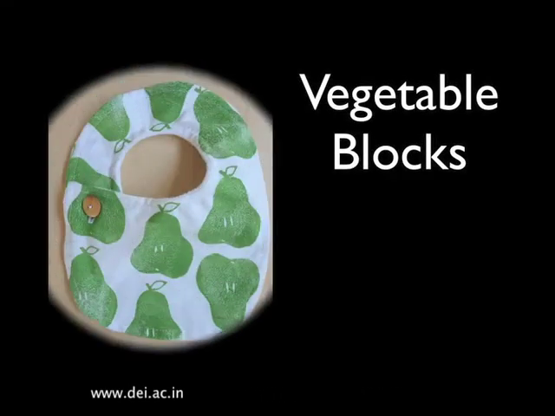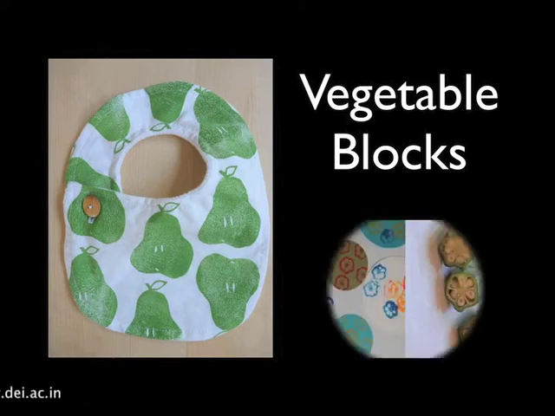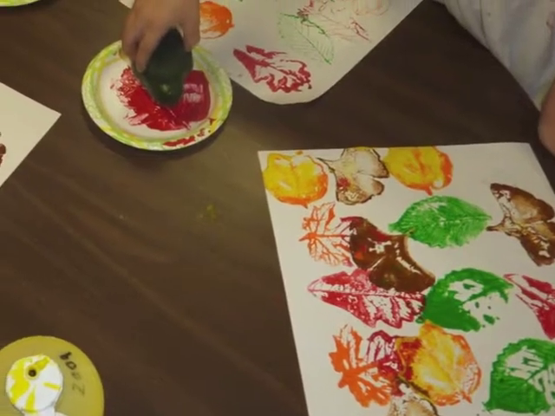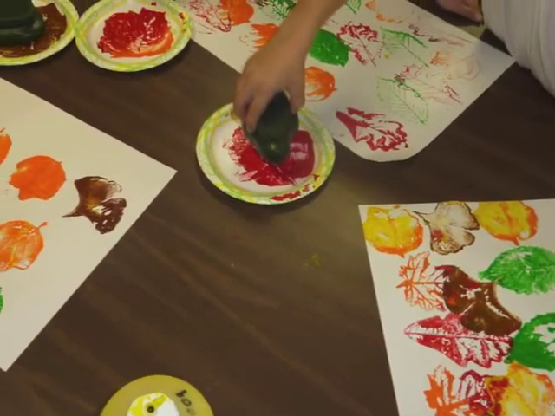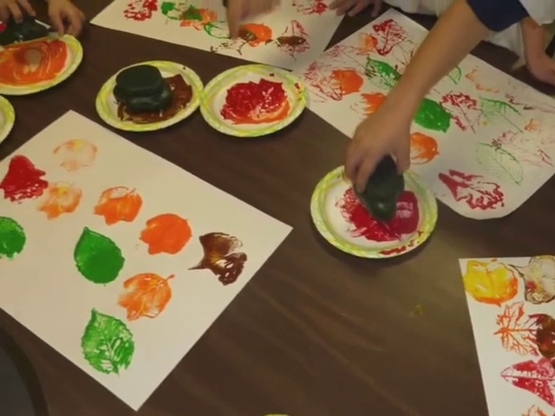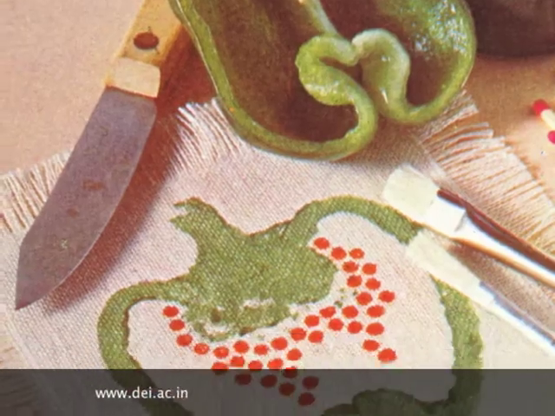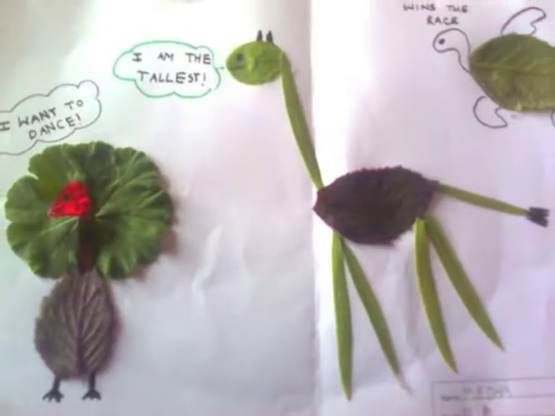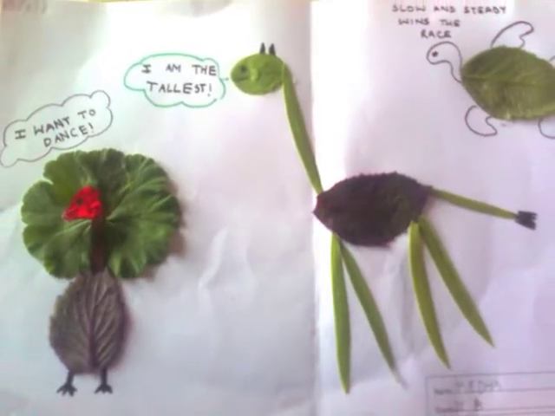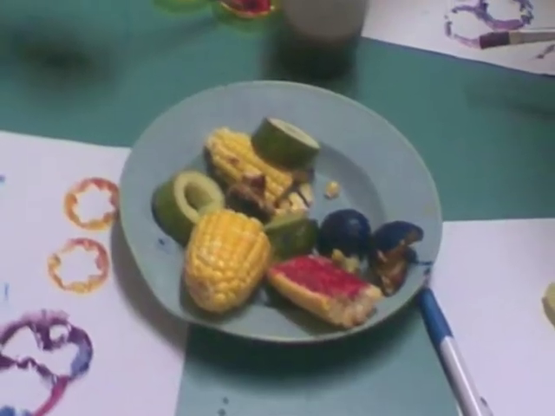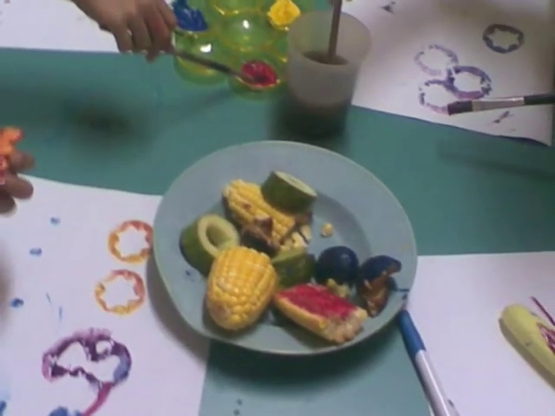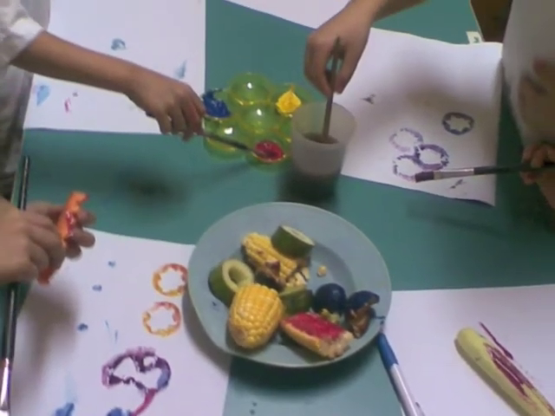Vegetable blocks. A common technique specially used by children to teach them the concept of design, impression, expression, and ideation. In this method, the vegetables are cut according to the design which is drawn on the surface.